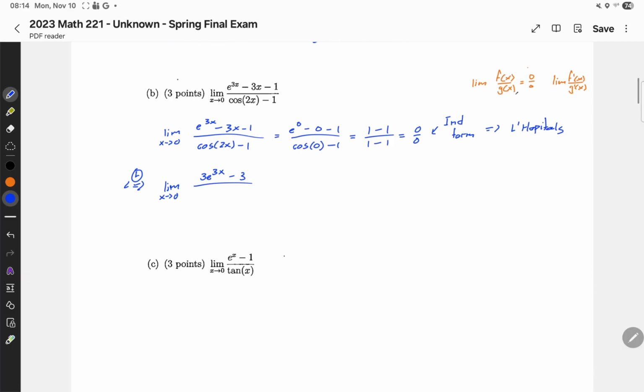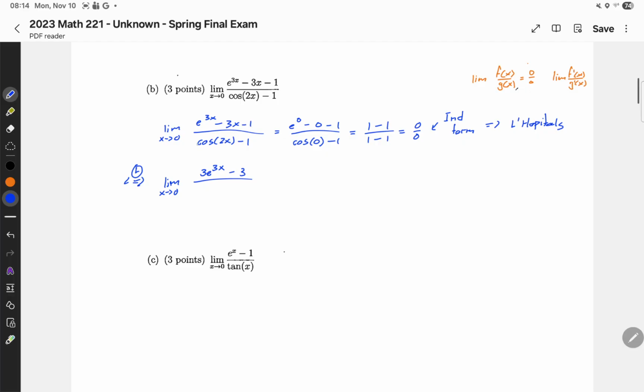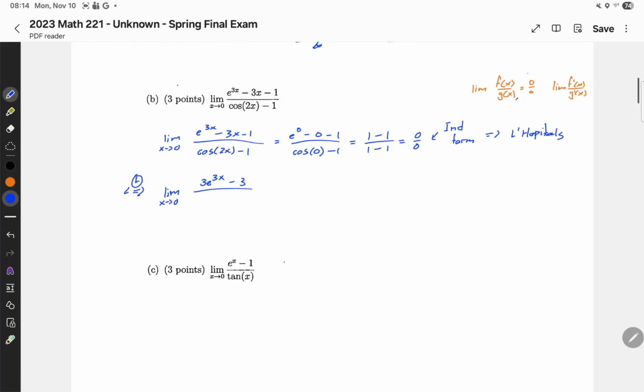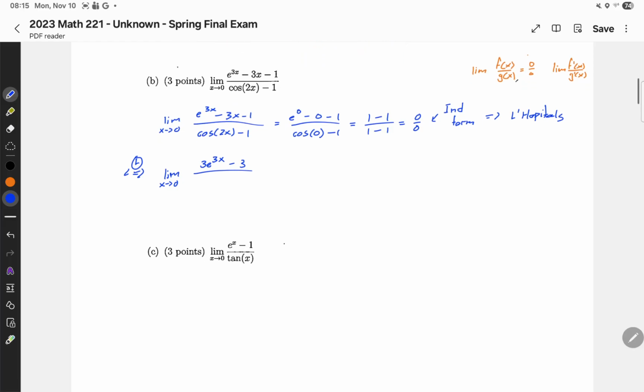Now for the bottom, this cosine 2x, you could do this on scratch paper if you want to use the chain rule, but you might be able to see the cosine is going to turn into a minus sine of 2x, and then multiplying that by the derivative of 2x, which is 2. And then this 1 goes to 0, right? The derivative of a constant is 0. So let's rewrite this as the limit, actually, we can just plug it in.